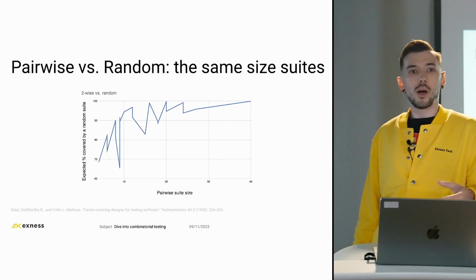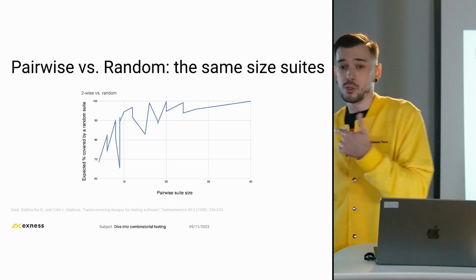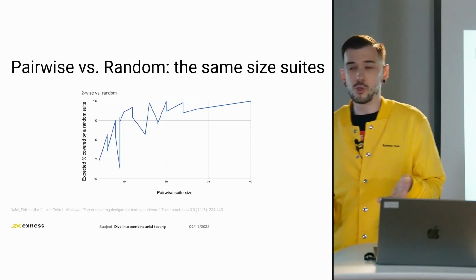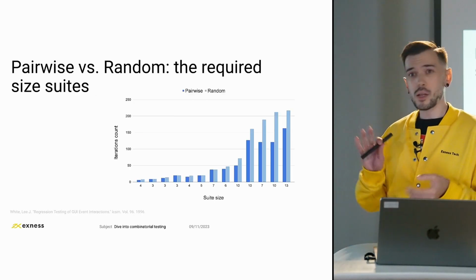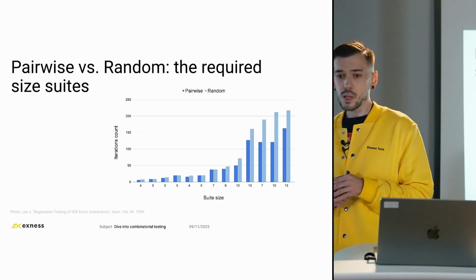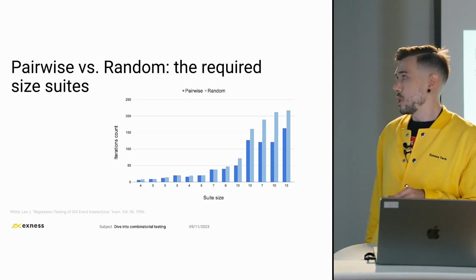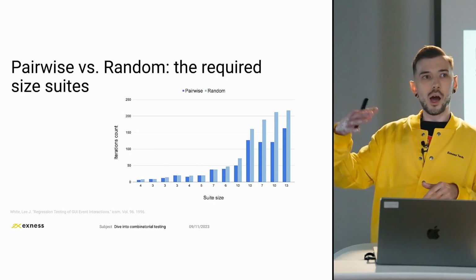random coverage. Probably you may think that, yeah, that's a good idea to go with random if I have a huge amount of inputs and a huge potential pairwise suite. But another study shows us that probably that's also not the case. What's the problem here? They tried to go from the other side.